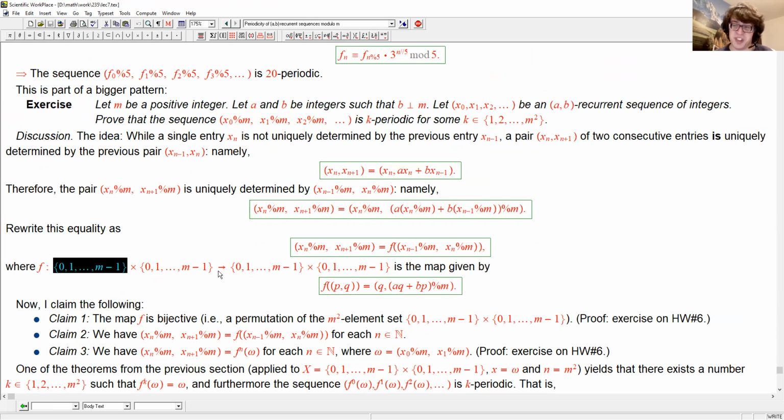Even the pairs of consecutive remainders are still stuck in a finite set, namely the set 0, 1 to m minus 1 cross itself. And so when you follow the sequence from start to finish, so to speak, even if there is no finish, you will always just keep walking around this finite set. And you keep walking deterministically because each next pair is uniquely determined by the previous pair.